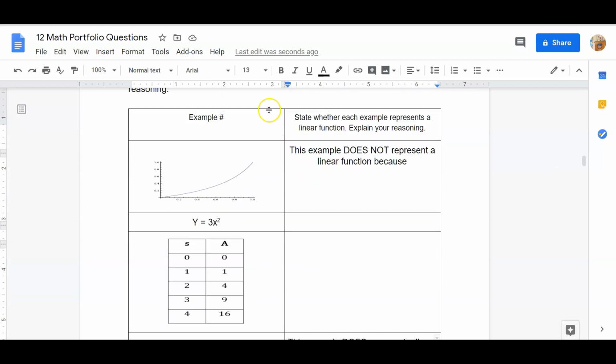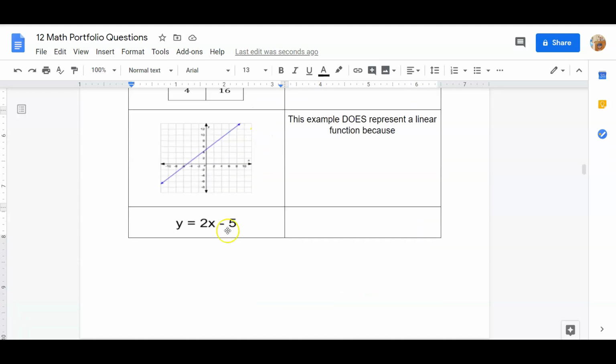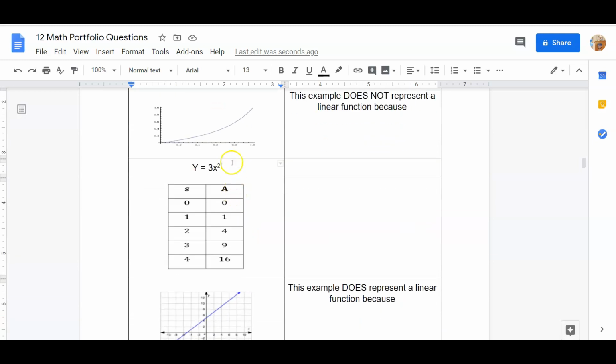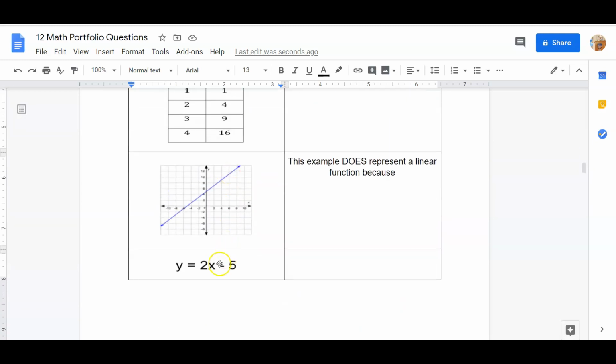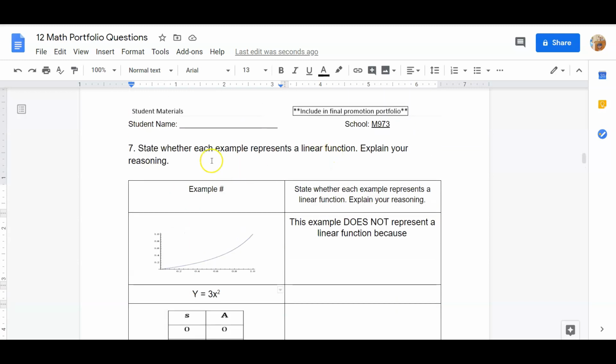Okay. Now let's look. We have two different equations. We have y equals 3x squared, and we have y equals 2x minus 5. So you notice two things. This is something you've probably seen before and probably graphed. This is something you probably have not. So when we graph, it should be in the y equals mx plus b form.